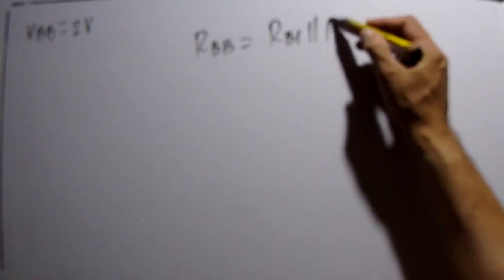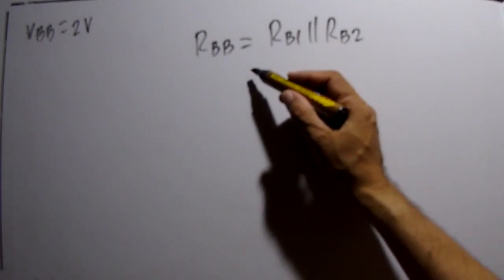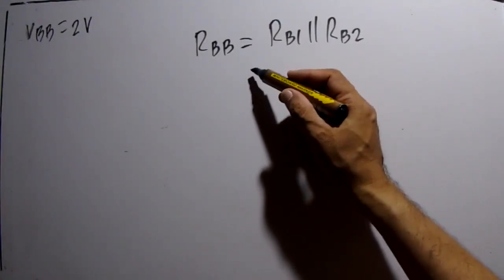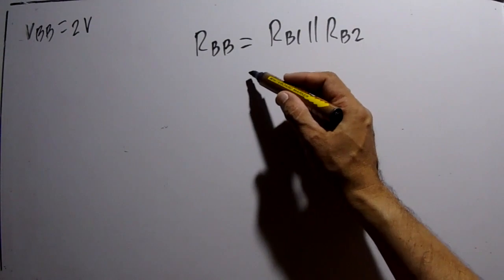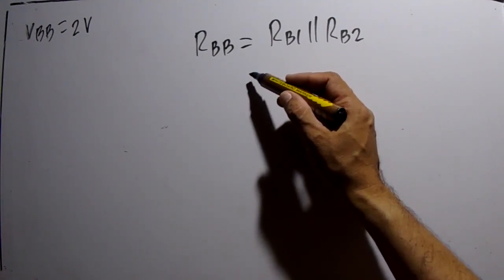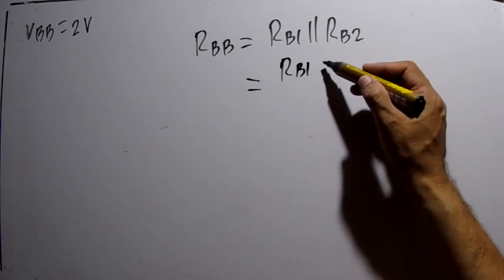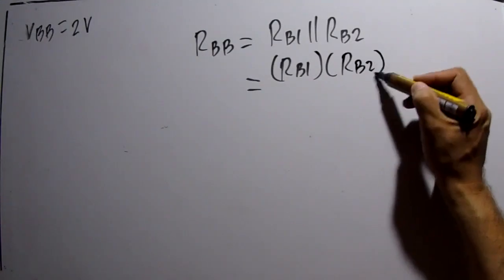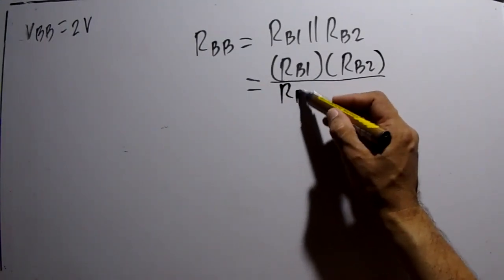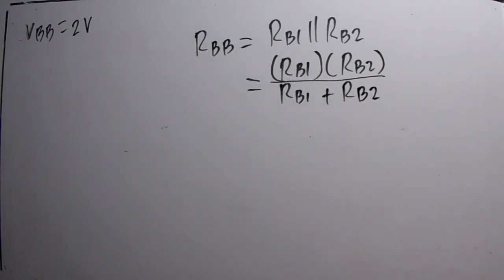By using the formula for two parallel resistances, the product over sum formula, RB1 multiplied by RB2 divided by the sum RB1 plus RB2.